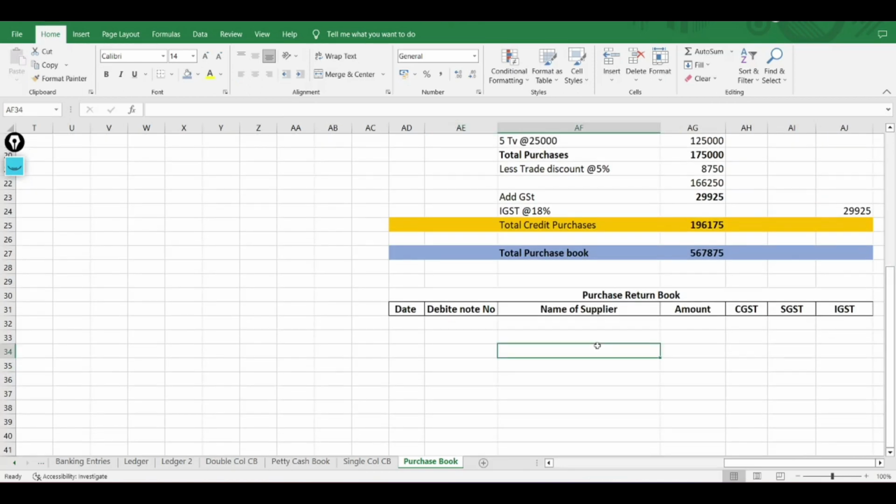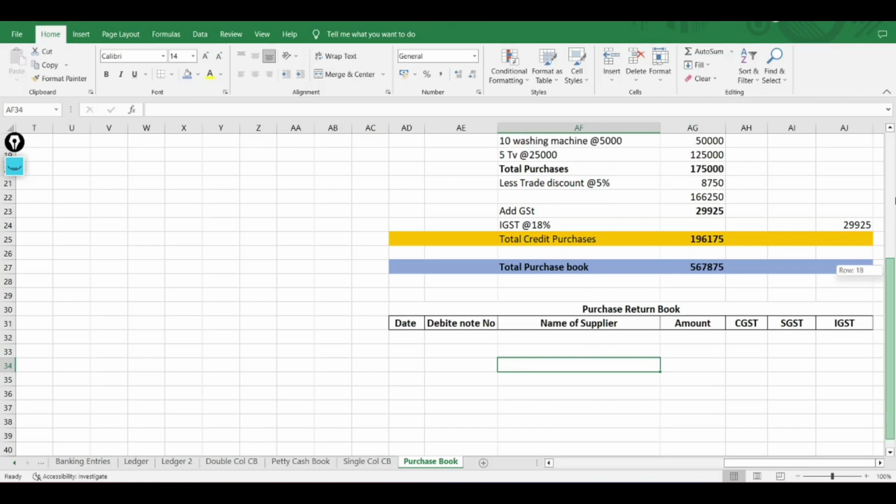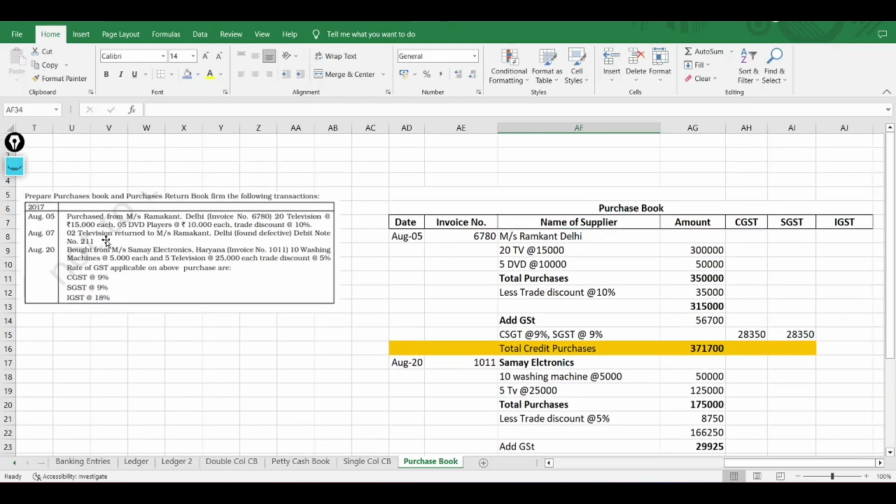So our purchase return format is date, debit note number, name of supplier, amount, CGST, SGST and IGST applicable. So here the transaction is 2 televisions were returned to Ramkant, Delhi, debit note 211.